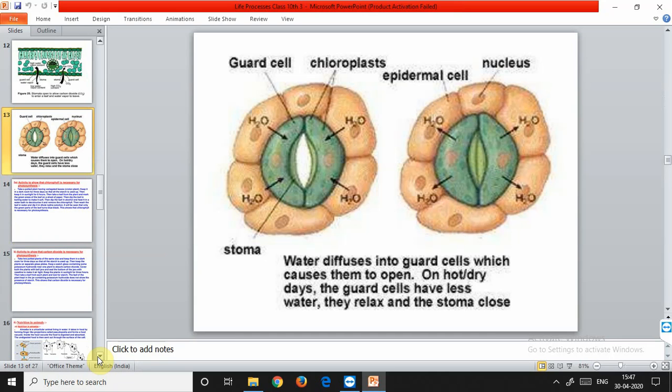Then we talked about the significance of photosynthesis. The main significance was that it is the main source of food preparation on earth, and it also controls the atmospheric level of various gases. Then we came to nutrition.